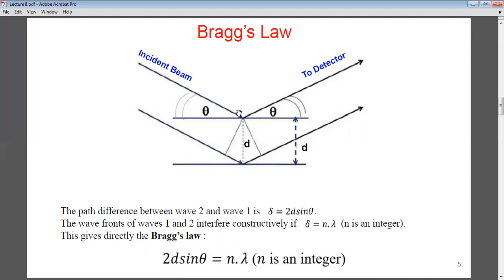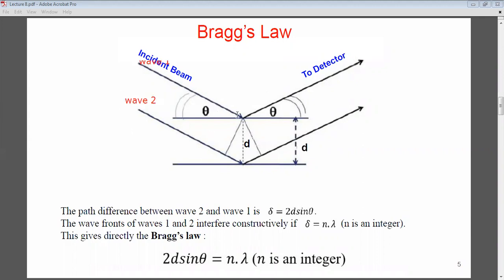So here we have wave 1 and we have wave 2. This is here, wave 1. And this is wave 2. Okay, what is the path difference?